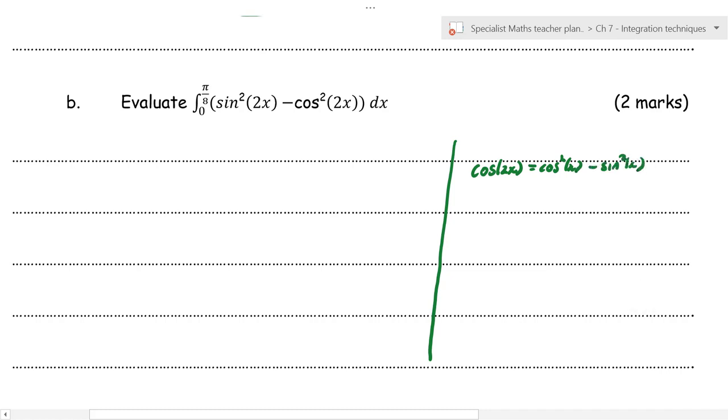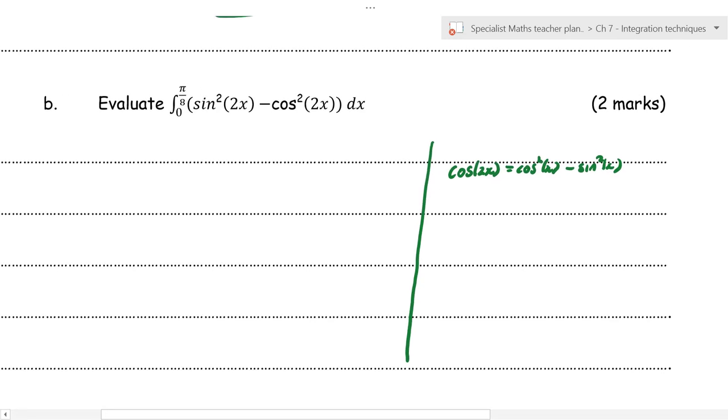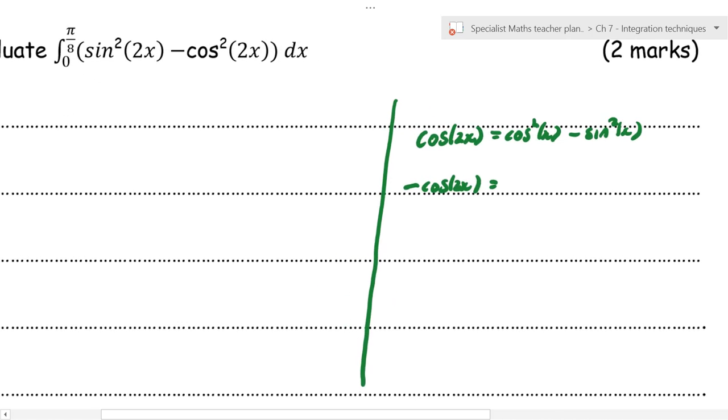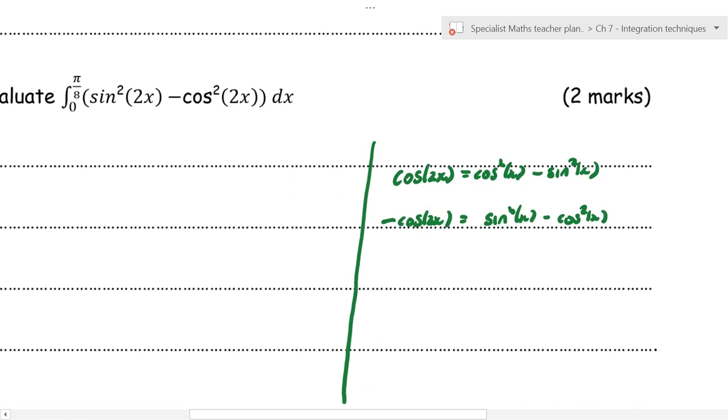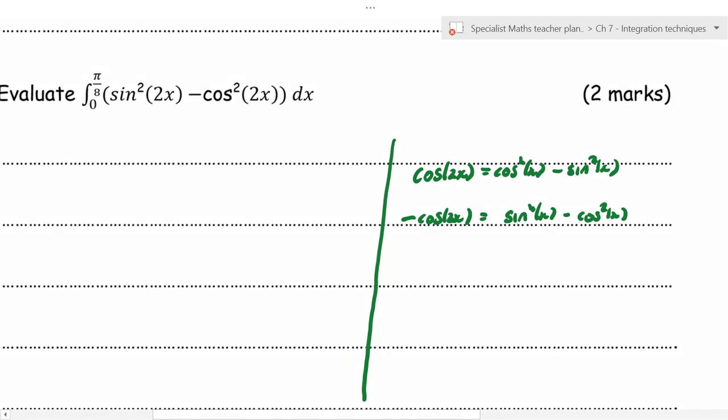Is that correct? Double angle formulas, if you have them committed to memory, you'll recognize that. So would you agree that if I had negative cos 2x, that would be sine squared x minus cos squared x. Now, the only difference here is we've got different angles.